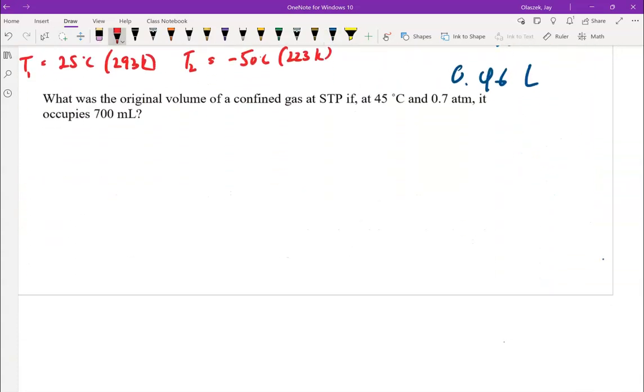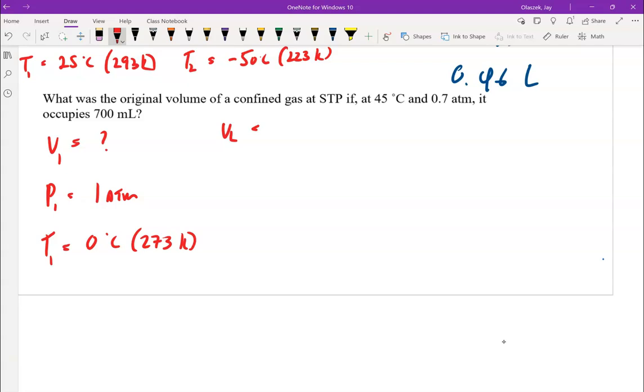This one's asking for original volume right off the bat. That tells you you're looking for V1. We have a combined gas at STP. That means P1 is going to be 1 atmosphere. T1 is 0 degrees Celsius, otherwise known as 273 kelvins.